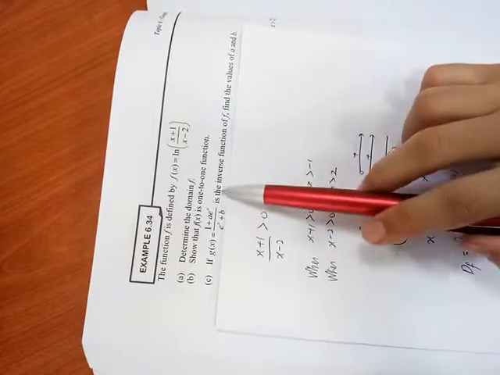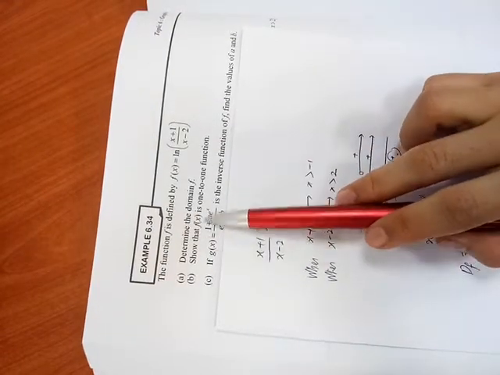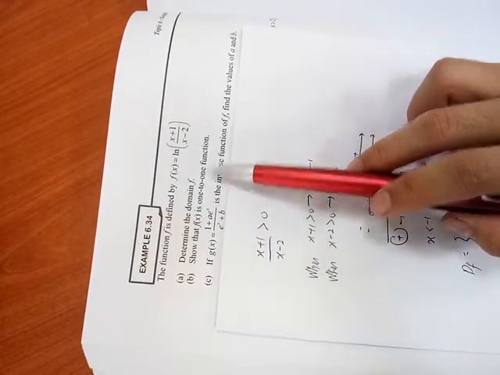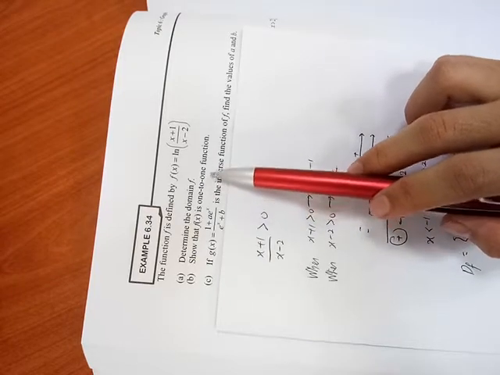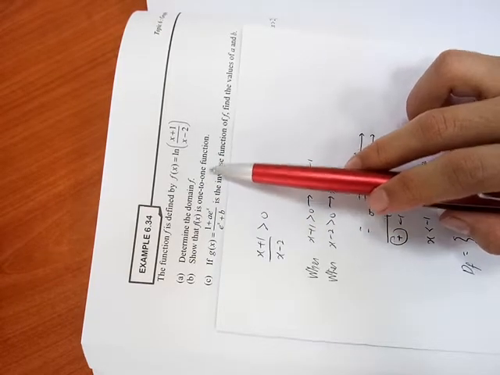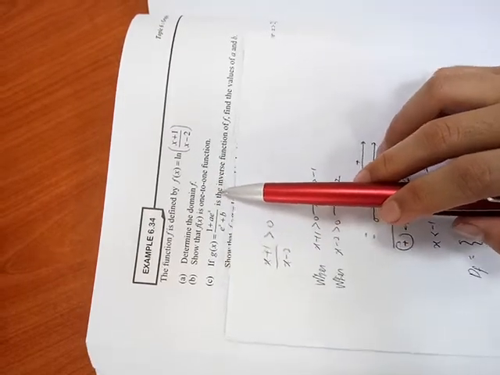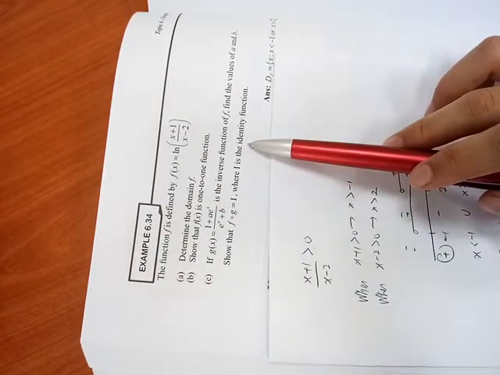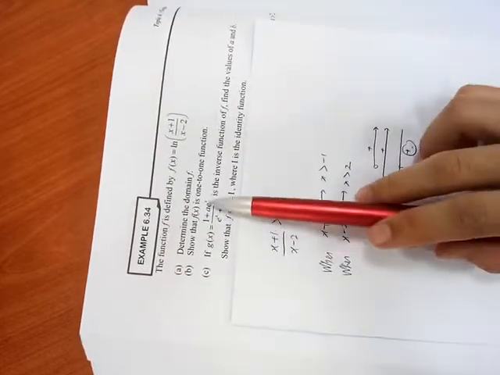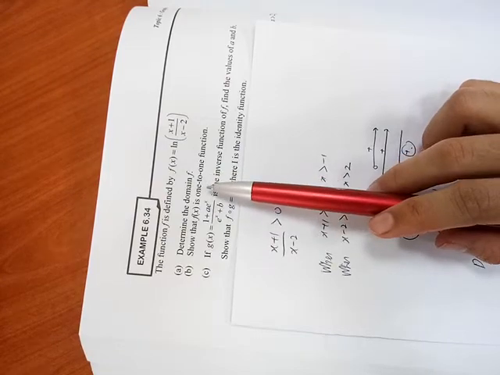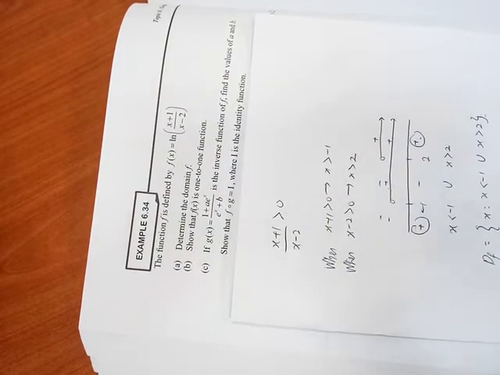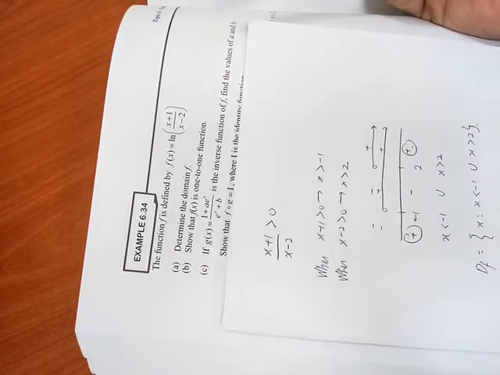Okay, done. B, show that f(x) is one-to-one function. So to show that f(x) is one-to-one function, I prefer you all to use the algebraic method because you don't have to sketch the graph yet. Obviously, the first two steps are the same thing.